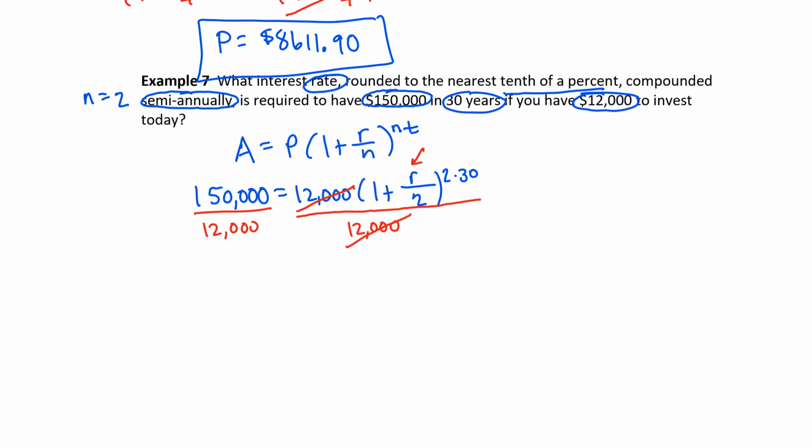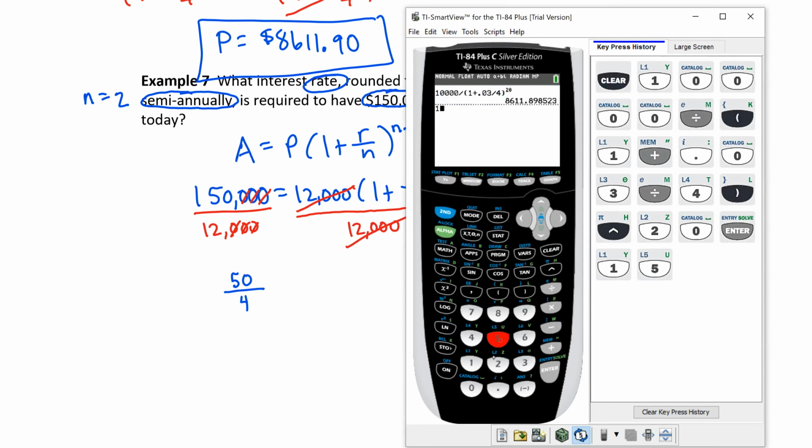Now on the left side, we can cancel factors of 10. I'm going to cancel zeros, and we end up with 150 over 12. The common factor there is 3. 150 divided by 3 is 50, and 12 divided by 3 is 4. Or if you want to just go ahead and turn that into a decimal, you can do that as well.